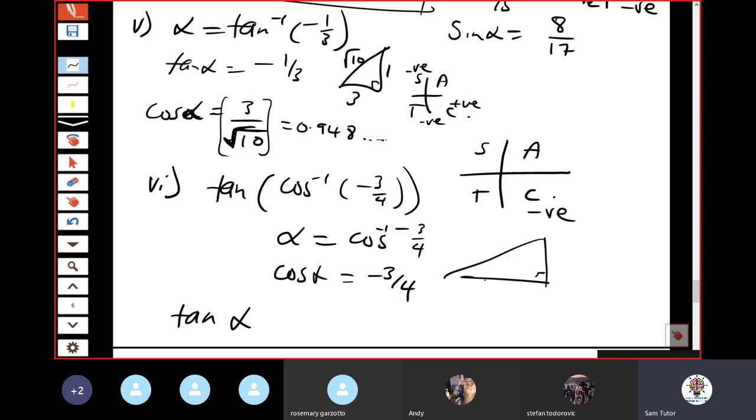This one should be adjacent over hypotenuse. Opposite: 4 squared is 16, take away 9 is 7, root 7. It should be positive or negative.